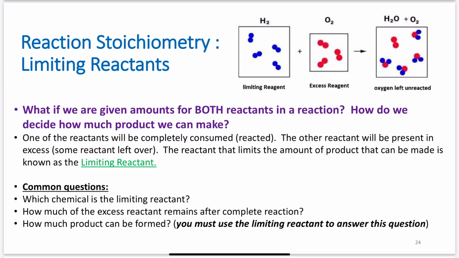The reactant that limits the amount of product that can be made is known as your limiting reactant. So the limiting reactant is completely consumed, and also limits the amount of product that can be made or produced.